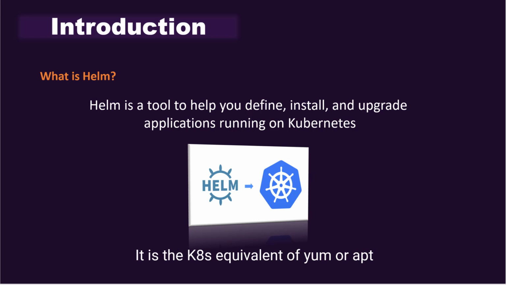If you search on the internet, you will see another sentence about it. It is the Kubernetes equivalent of Yum in CentOS or apt in Debian Linux distributions. So let's analyze this one.